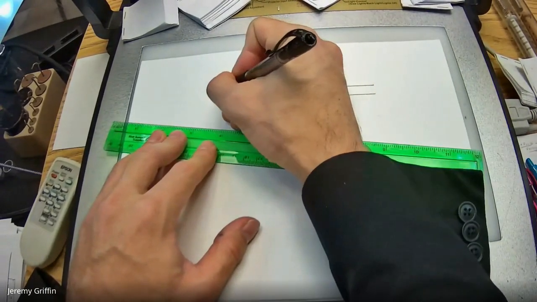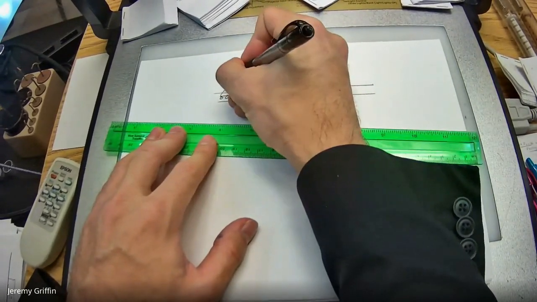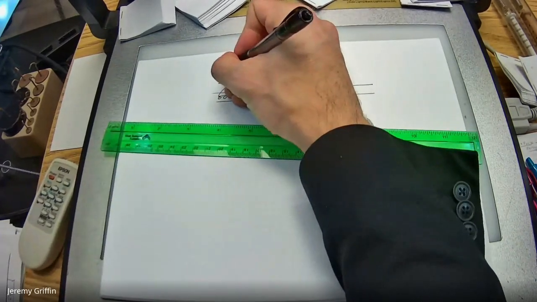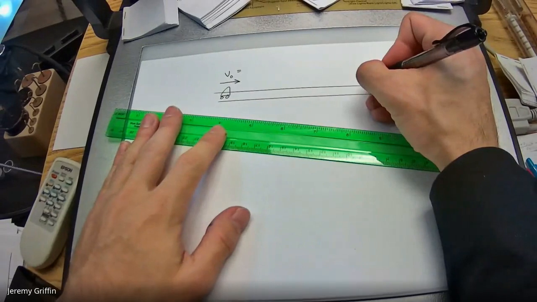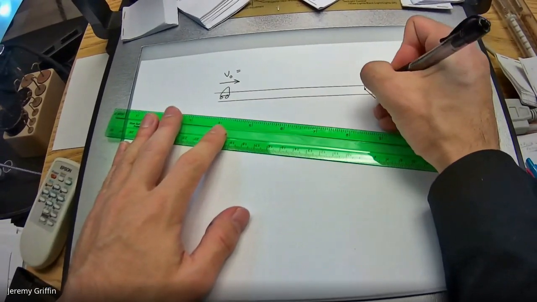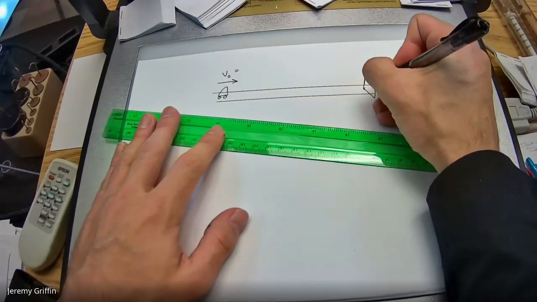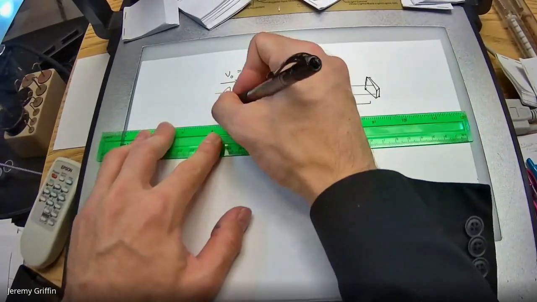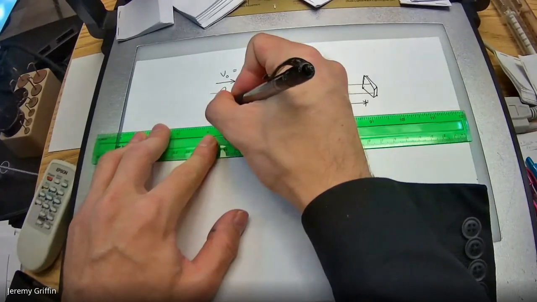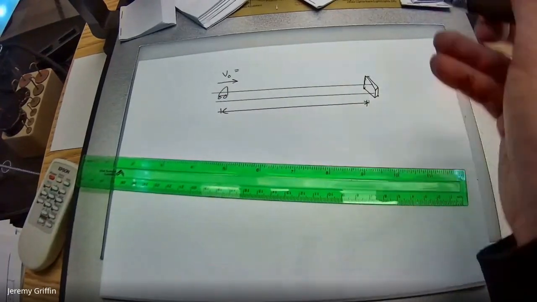So, we've got a road and a car. This guy's driving at some initial velocity. I'll make up a number here in a minute. And then he sees a barrier that's just in the road ahead, some distance away.